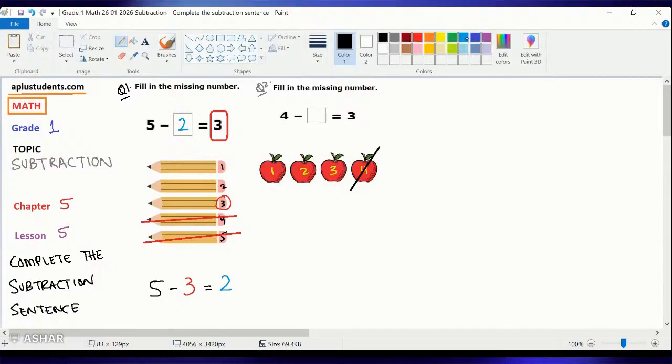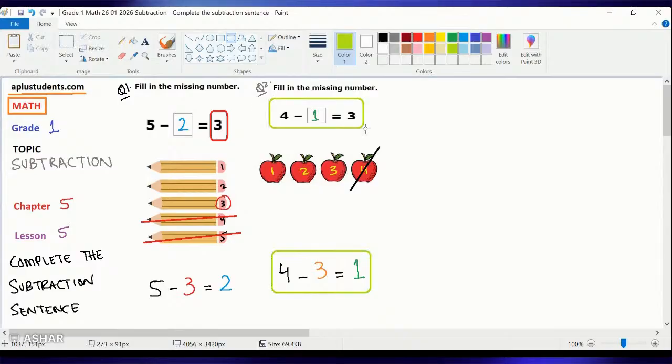That means 4 minus 1 should be equals to 3, or we can say 4 minus 3 should be equals to a 1. Both of these statements are true, right? Either of these statements would be true.